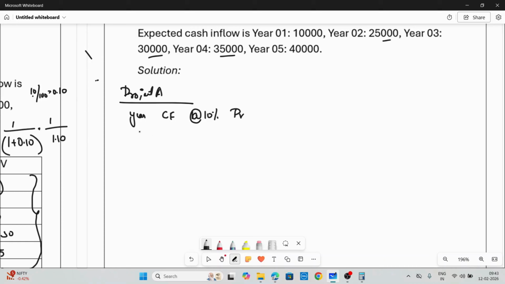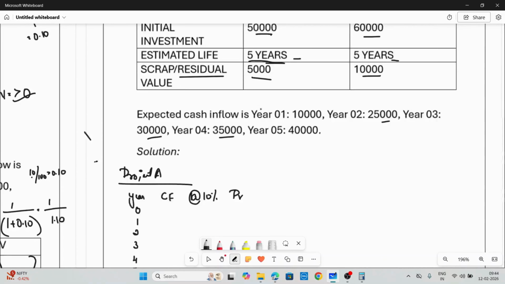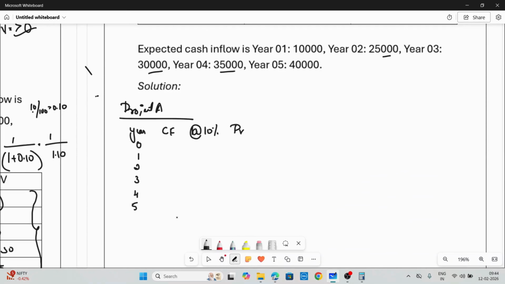For the year, we have to start from 0, 1, 2, 3, 4, 5. And here there is one adjustment, an extra point, which was scrap value. Scrap value was at the 5th year, right? So we have to take another 5 here.